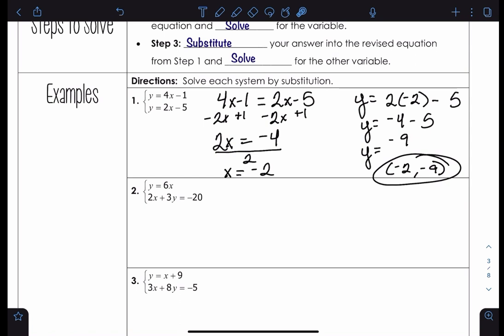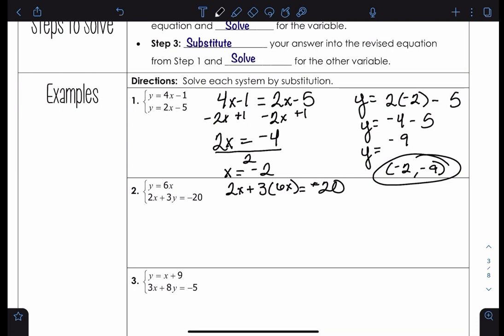So for example 2, we have y equals 6x and 2x plus 3y equals negative 20. Since we have y in a format that's easy to work with, we're going to choose to plug in 6x for the y in this equation. So now we're going to write out 2x plus 3, and let's not forget that we're plugging in 6x for our y variable, so 3 times 6x equals negative 20.